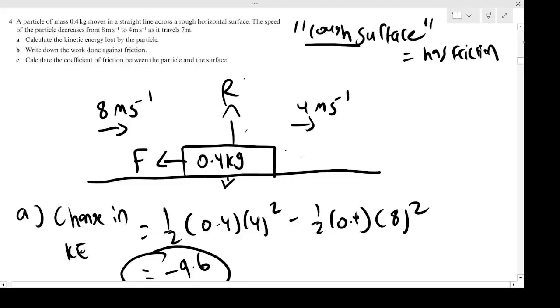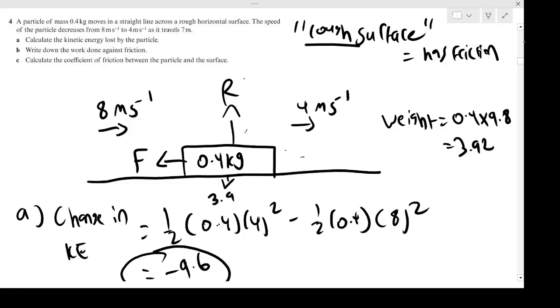Also note we have weight. Weight is mass times G, so it's 0.4 times 9.8. If we work out the weight force, which is downwards, that's 3.92.